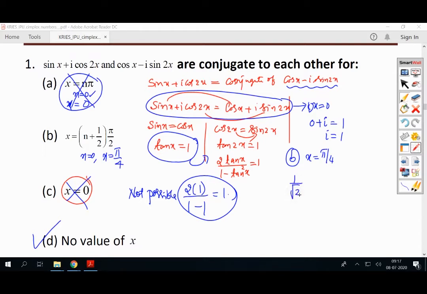Cos pi by 4 is 1 by root 2, plus i into sin pi by 2, which is nothing but 1, so i. So 1 by root 2 is equal to 1 by root 2 plus i, which is not possible. So option B is also not a choice. Hence the only left out choice is option D, which is the correct choice for this question.